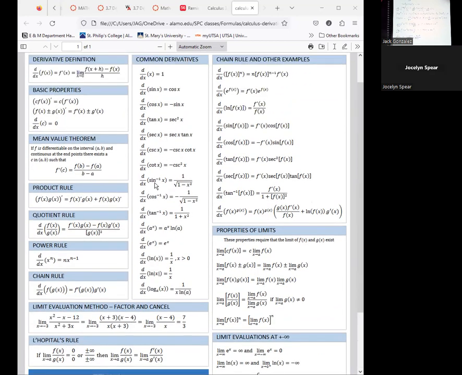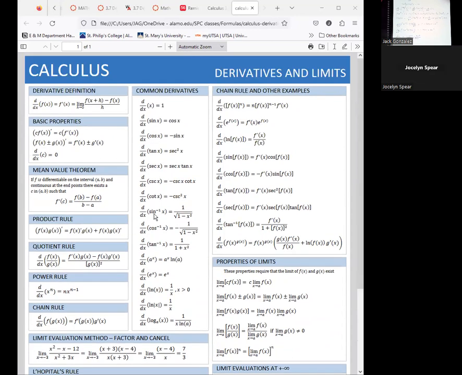Common derivatives. See how it's inverse sine, inverse cosine, inverse tan? These are all formula based. So whatever x you have here, it's going to become this. There's another formula that's more complete that includes the chain rule, but technically you can just add it yourself, right?